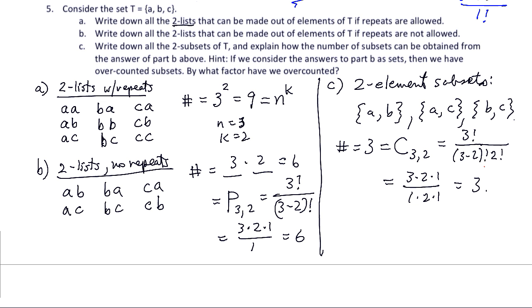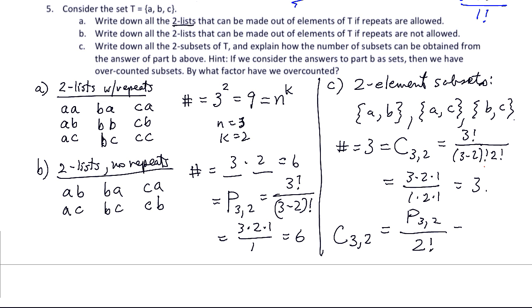And I can obtain that number from the answer to B above by saying that C(3,2) is equal to P(3,2) divided by 2 factorial.